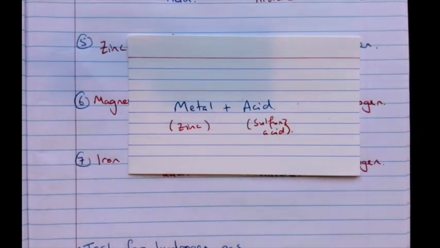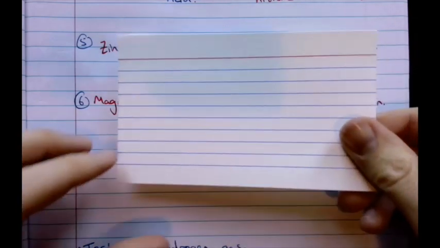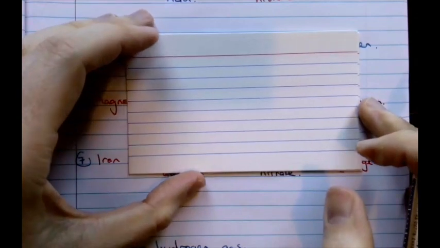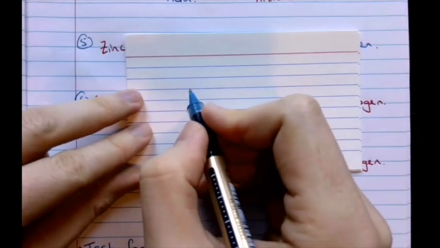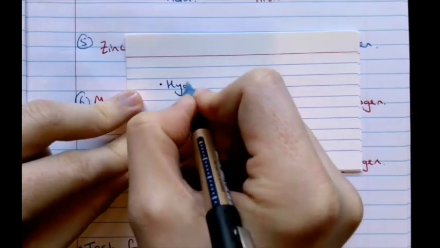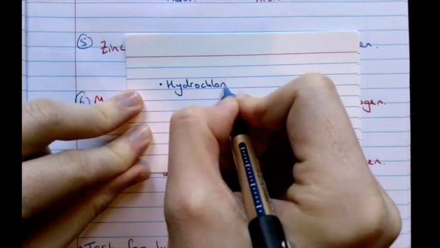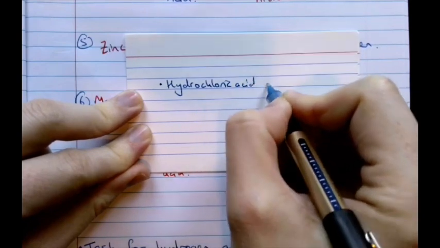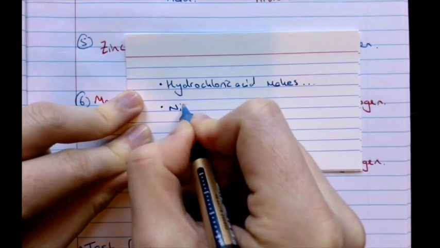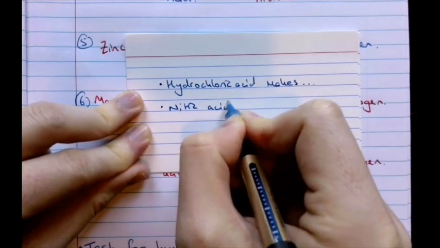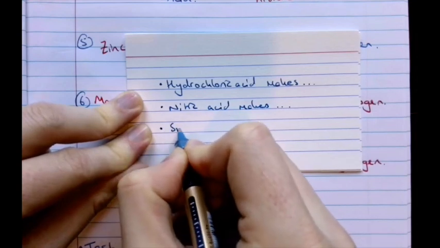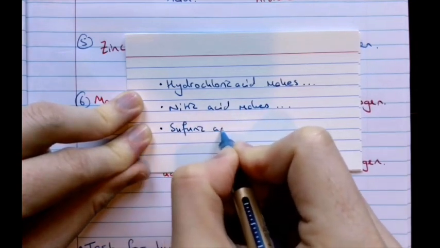The second thing you'll want to make a flashcard for is your different acids. Okay, so if I have hydrochloric, makes, and we have nitric acid, makes, and sulfuric acid, makes.